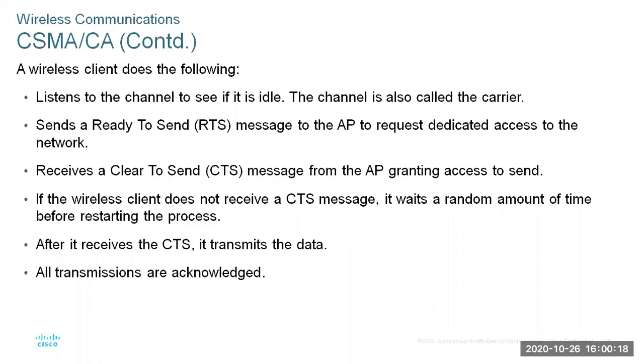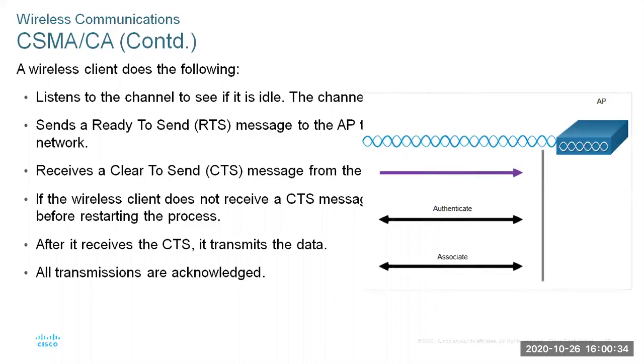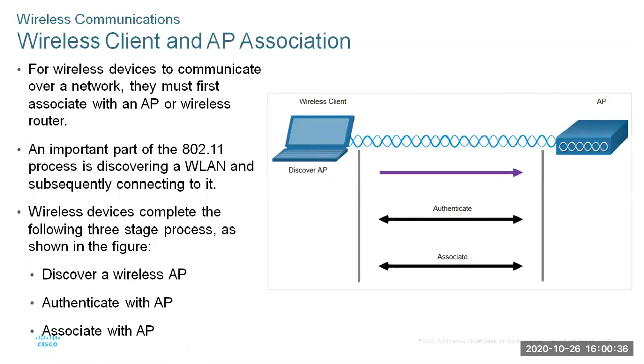If the wireless client does not receive the clear to send message, it will wait a random amount of time before it starts the process all over again. So after it receives this clear to send, it transmits the data, and all transmissions are acknowledged.